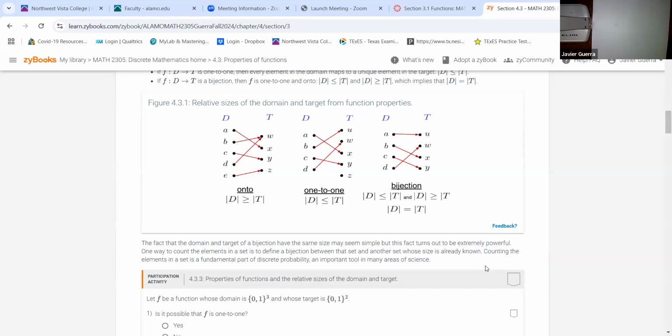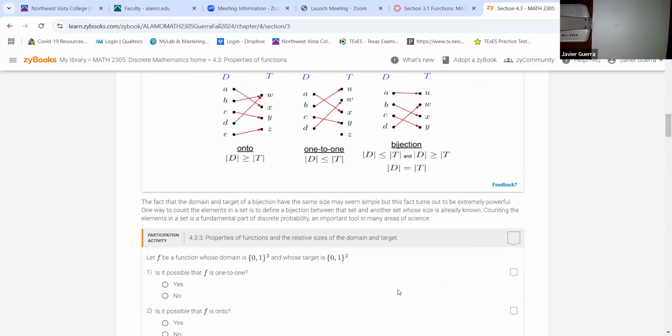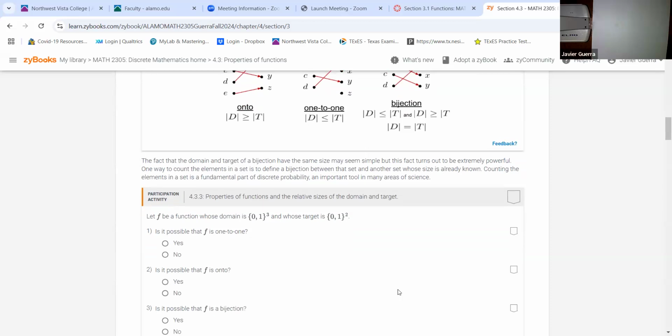All right, so let's take a look at our participation activity. As you recall, we have this notation: braces with 0, 1. That's a binary. It has 3 elements of zeros and ones, and whose target is now going to be a 2-character binary. Is it possible that F is 1-to-1?